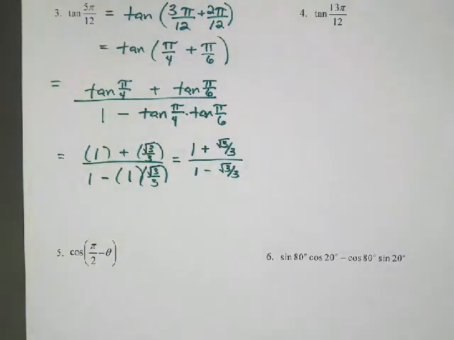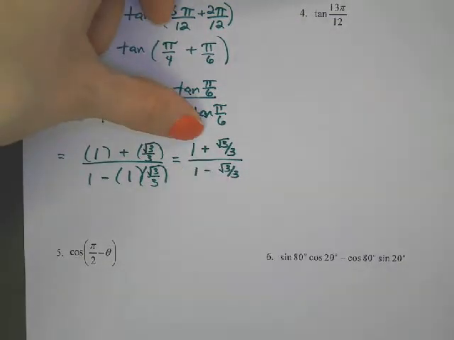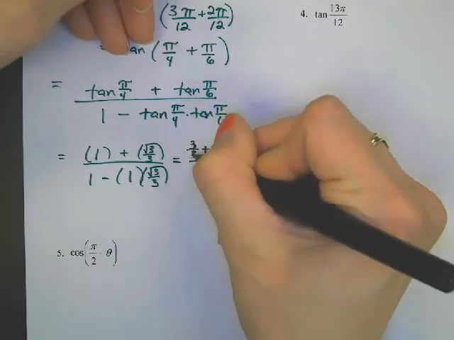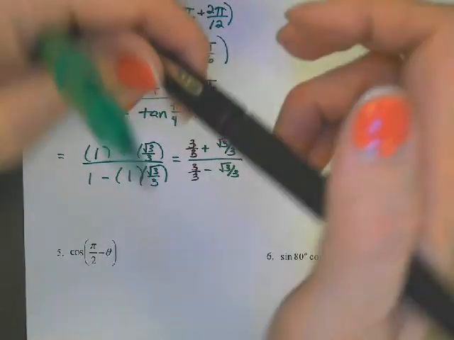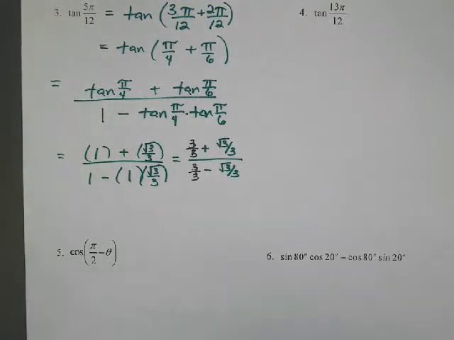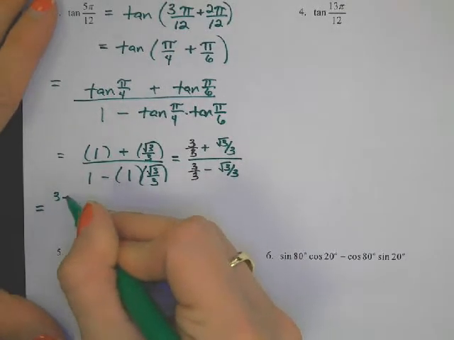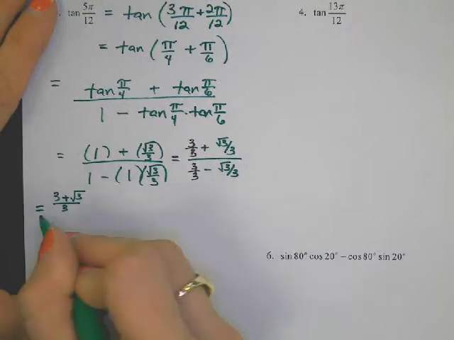A couple of things are going to happen here. I'm going to write 1 as 3 over 3, and this 1 is 3 over 3. Wow, we got a lot of common denominators now. So what we're going to do is write 3 plus radical 3 over common denominator 3.